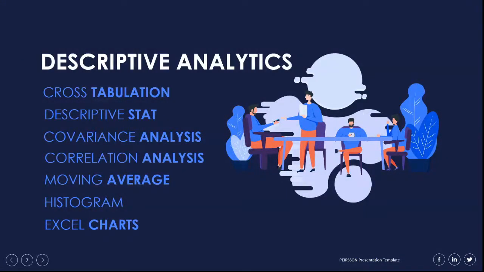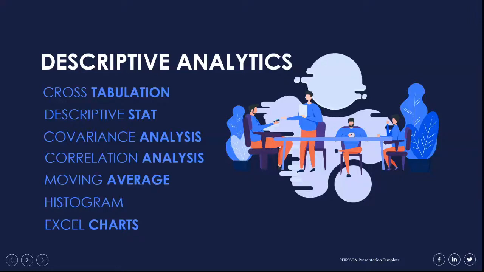So in descriptive analytics, this is our shopping list of different tools that we can use to describe our datasets. The first one is cross-tabulation. In cross-tabulation, we can demonstrate this using pivot tables in Microsoft Excel.